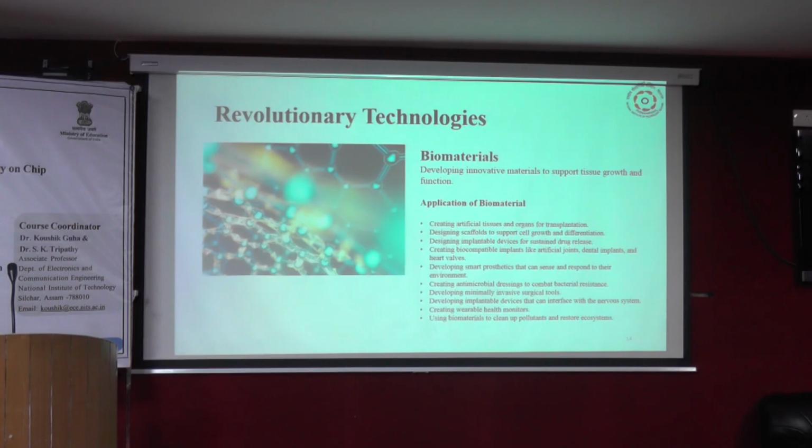Then what are the applications of biomaterials? Creating artificial tissues, which means it will look like original human tissue. It will mimic tissue systems and organs for transplantation, like kidney on chip. When a kidney is made, it has to be made of some material, so what type of material is excellent? That also requires huge expertise and research.